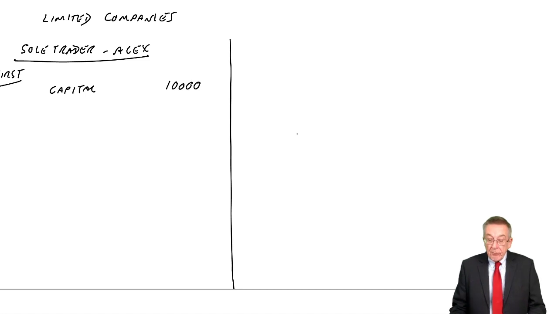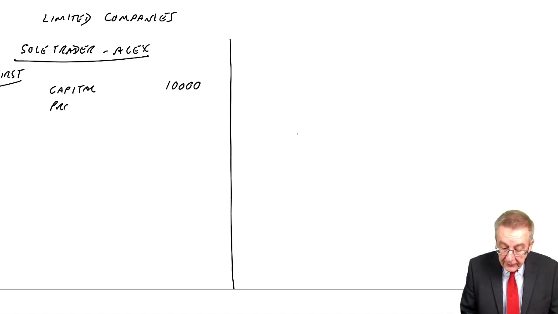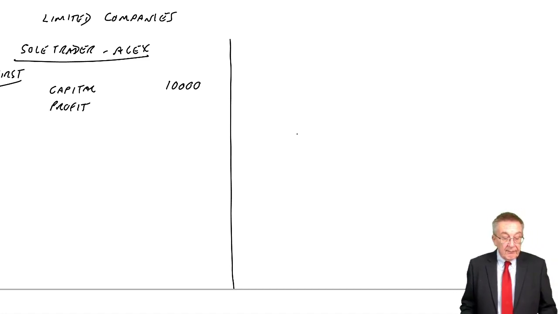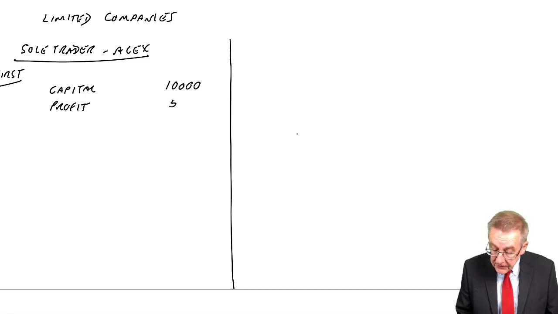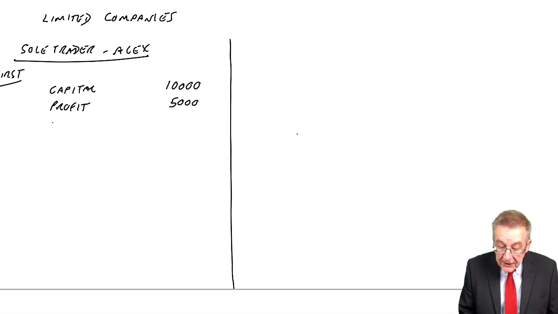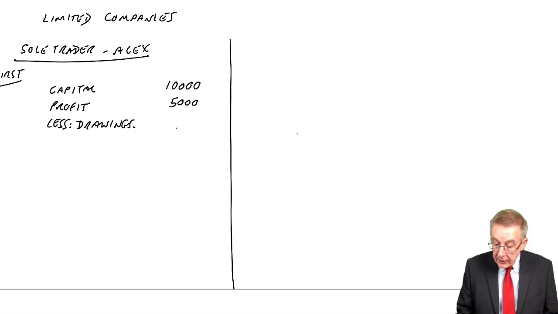And if you remember, we add on any profit for the year. The profit for the first year is 5,000. And we subtract any drawings. Drawings in the first year, 1,000.